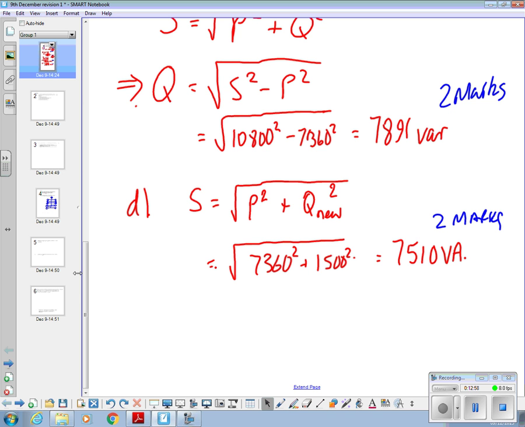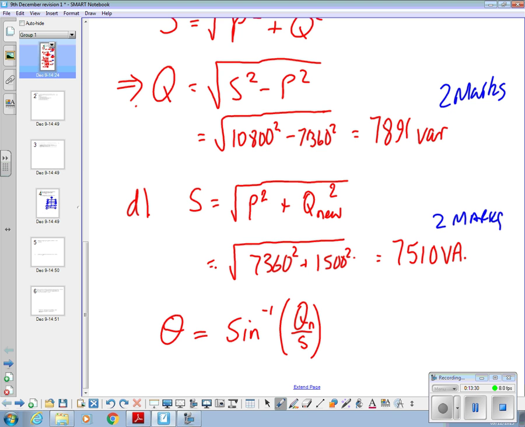And then finally the new phase angle. I used sine theta equals sine minus 1 multiplied by Q over S. And that's Q new, yeah?